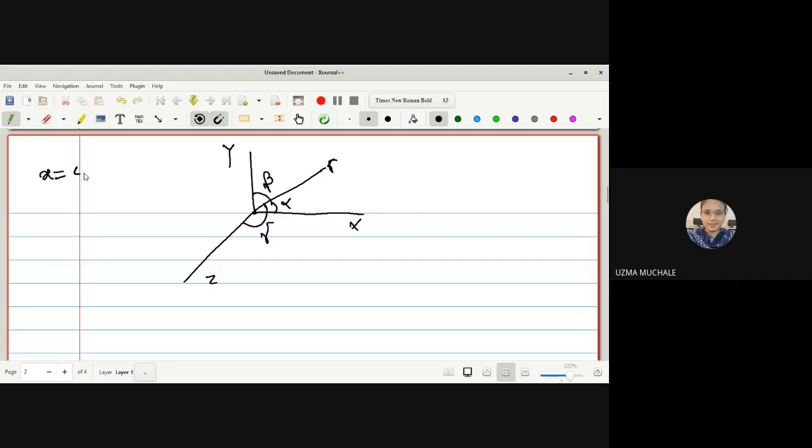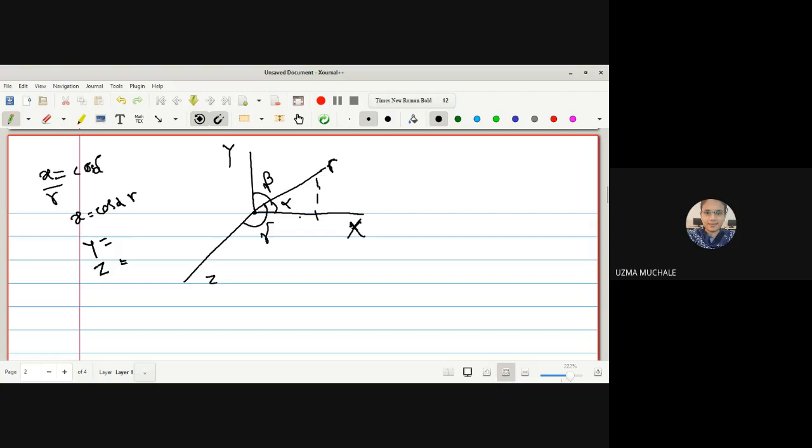How to determine cos alpha? Cos alpha is adjacent side upon hypotenuse. Now what is your hypotenuse? If I complete this triangle, it is x upon r. So I can find x is equal to cos alpha into r. Similarly, we can find y and z.